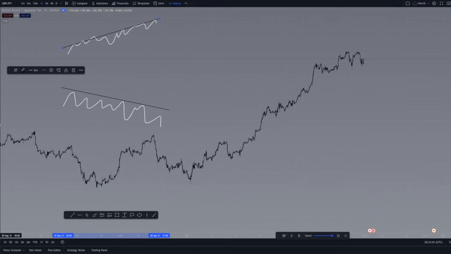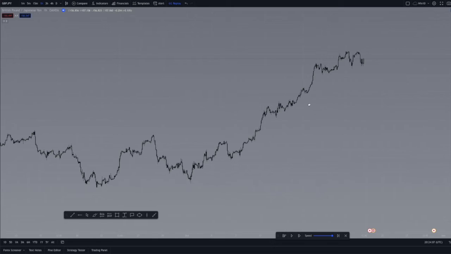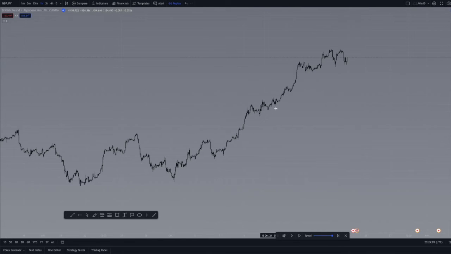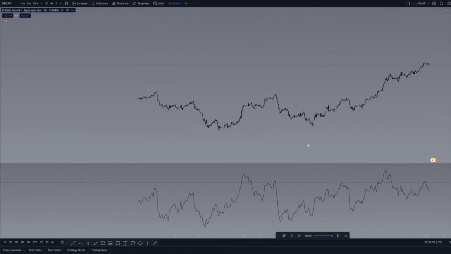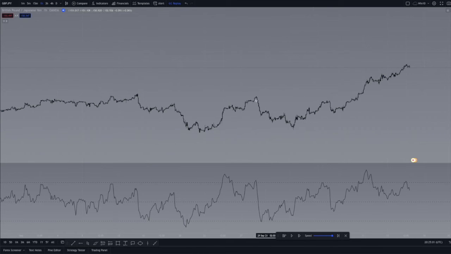Now if we look here at the price action on the chart and we add in the RSI indicator, this is going to be our indicator of choice, the one we use to track whether or not price is divergent. If I take price back just a little bit to about here, you can see that the market is clearly in an uptrend from about this point on.